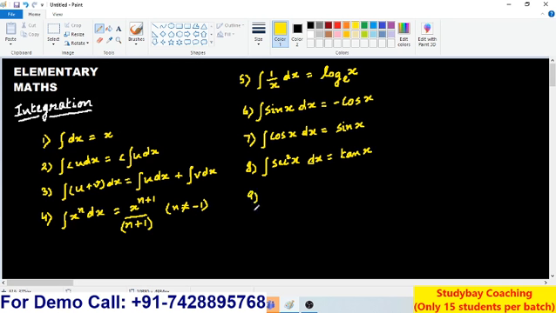Fine. Then integral cosec square x dx, this will be equal to minus cot x.